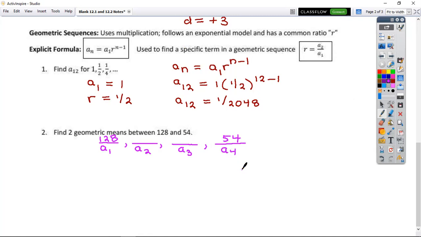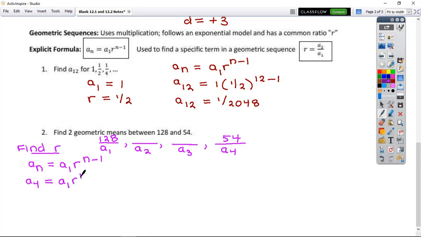So we're going to find R. Your explicit formula with R basically unknown. So I'm going to go a sub n equal to a sub 1 times R to the n minus 1. So a sub n in this case is going to be my 4th term of my sequence. I'll do this first. Here's your notation.